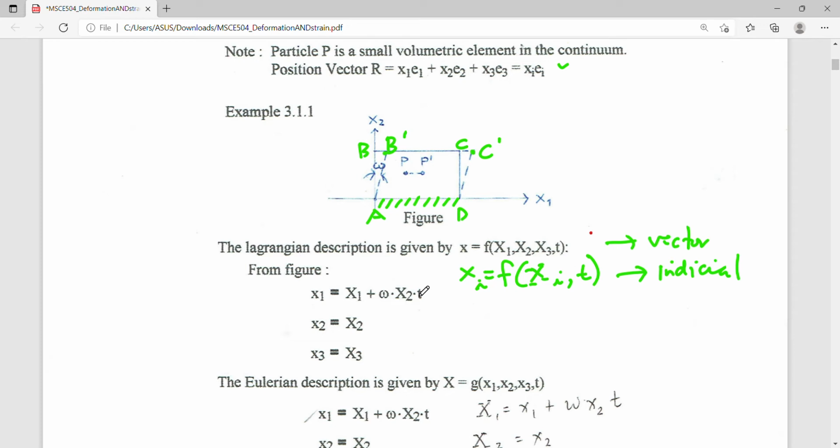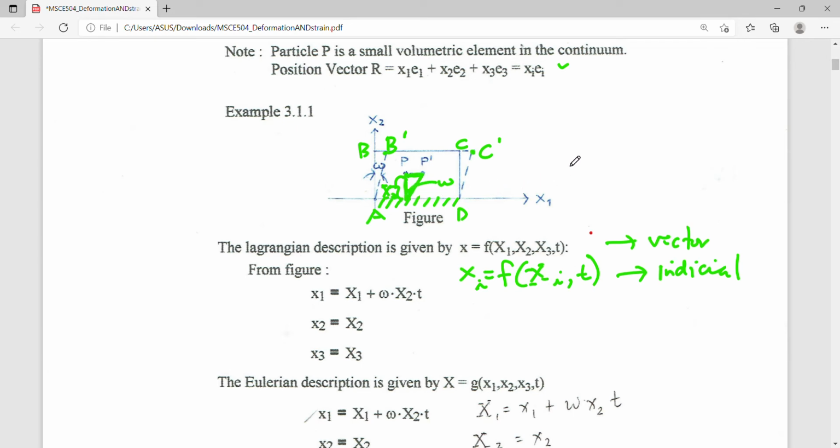So this is simply a formula that gives this displacement here equivalent to whatever height is this, which is described by capital X2, and then the tangent of this angle omega will give you the movement PP prime in the horizontal direction.